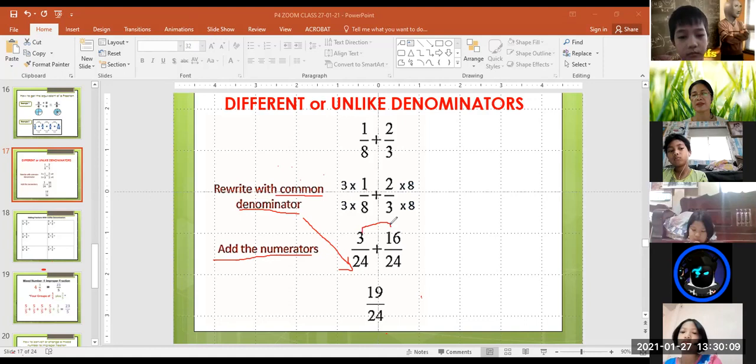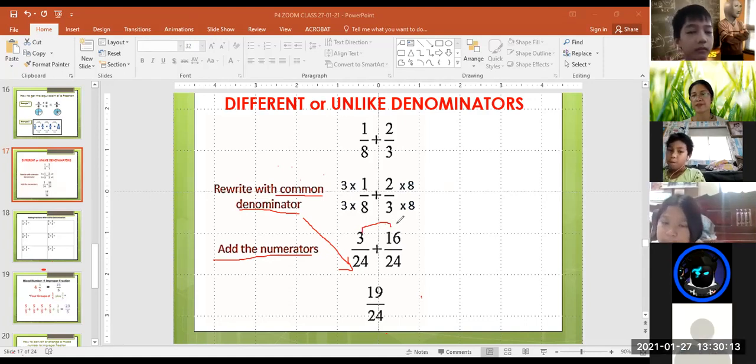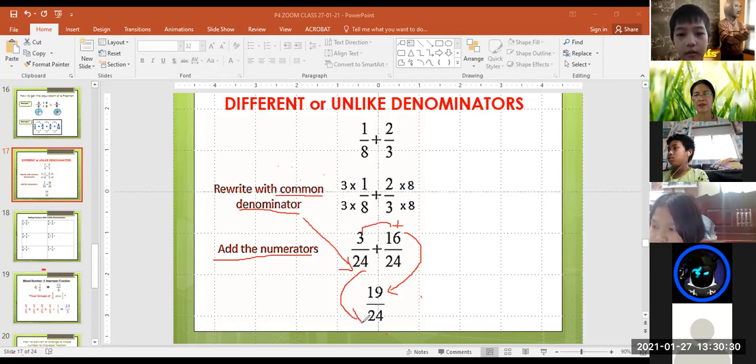So there. Now you can do the addition. So your answer would be 19. And you are just going to copy the denominator. That's the one. So you can write it in your notebook.